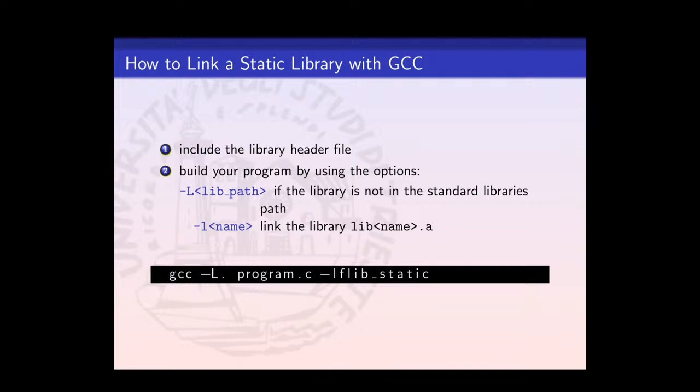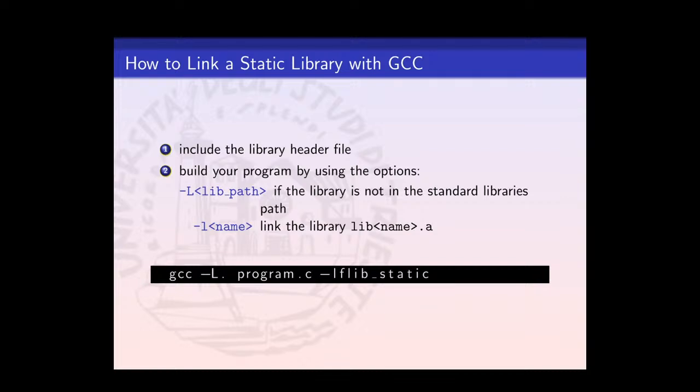Well, of course, since here we are dealing with a static library, which is, I recall you, meant to be totally included in the executable, we don't need to know the location of the static library at the execution time, because for sure all its content will be embedded inside the executable itself.